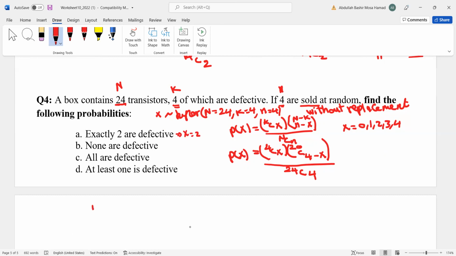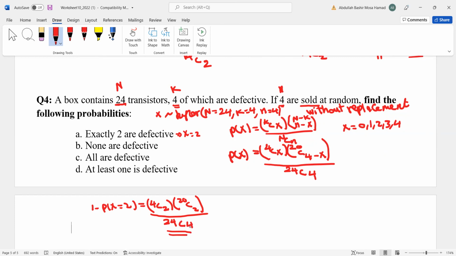So P of X equal 2, we put X equal 2: 4 C 2 multiplied by 20 C 4 minus 2, which is also 2, over 24 C 4. We use a calculator to find these values.